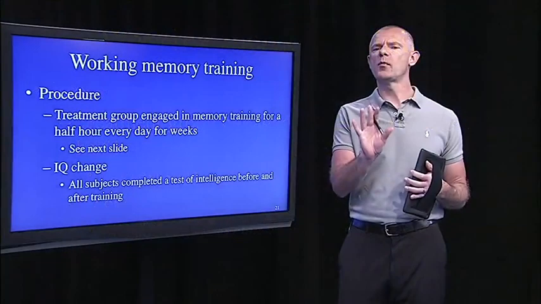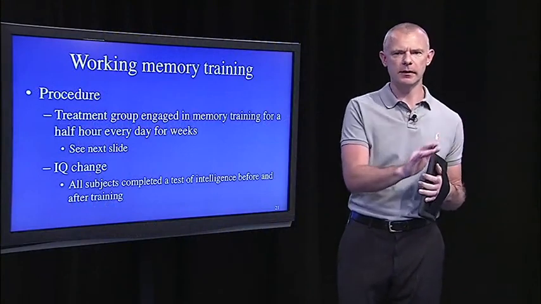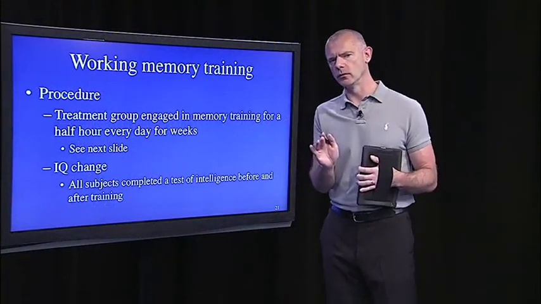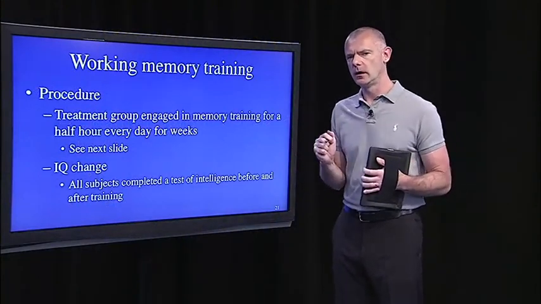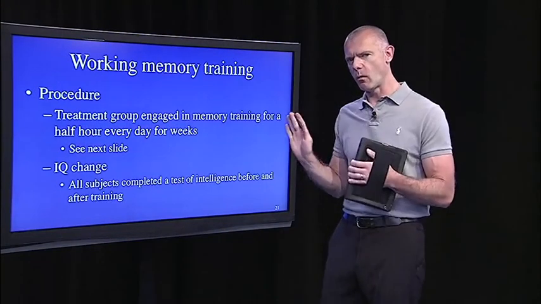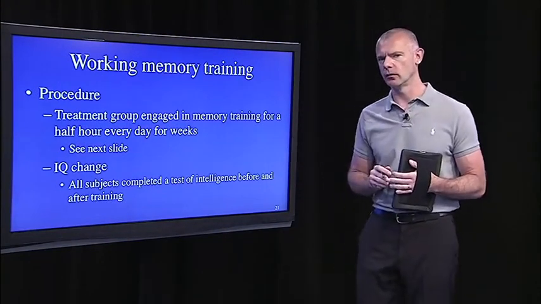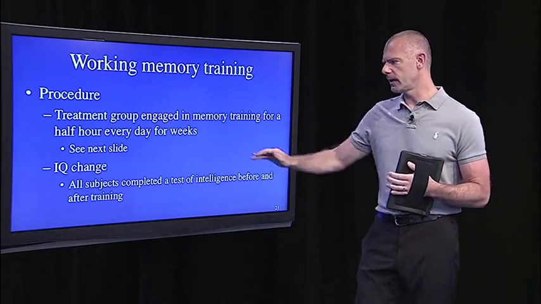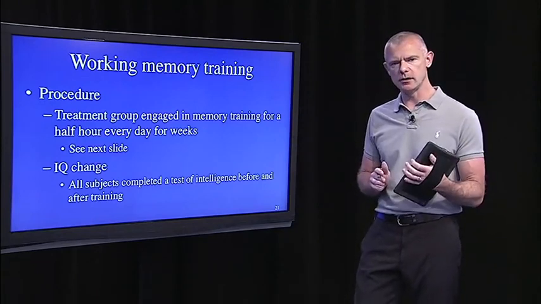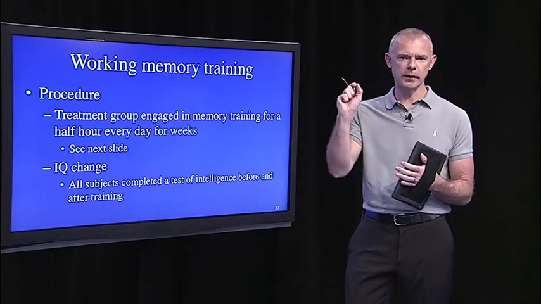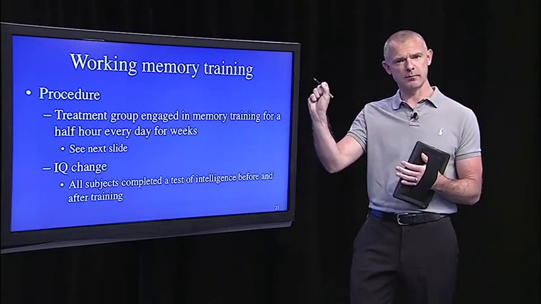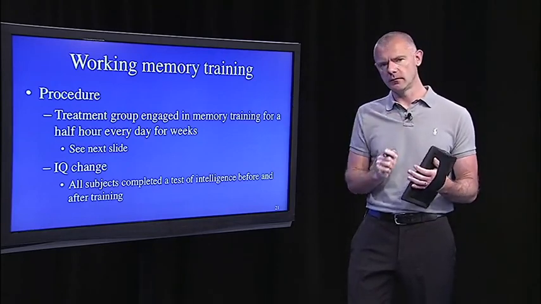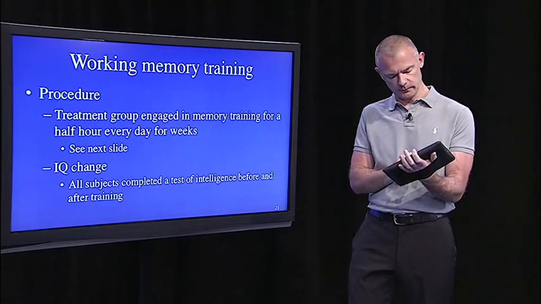The control group, importantly, did nothing. And that's not a great control group. We'll come back to a discussion about why that's not a good control group in a moment. And again, the dependent variable is IQ change, the difference between the score on the IQ test post-training versus pre-training.